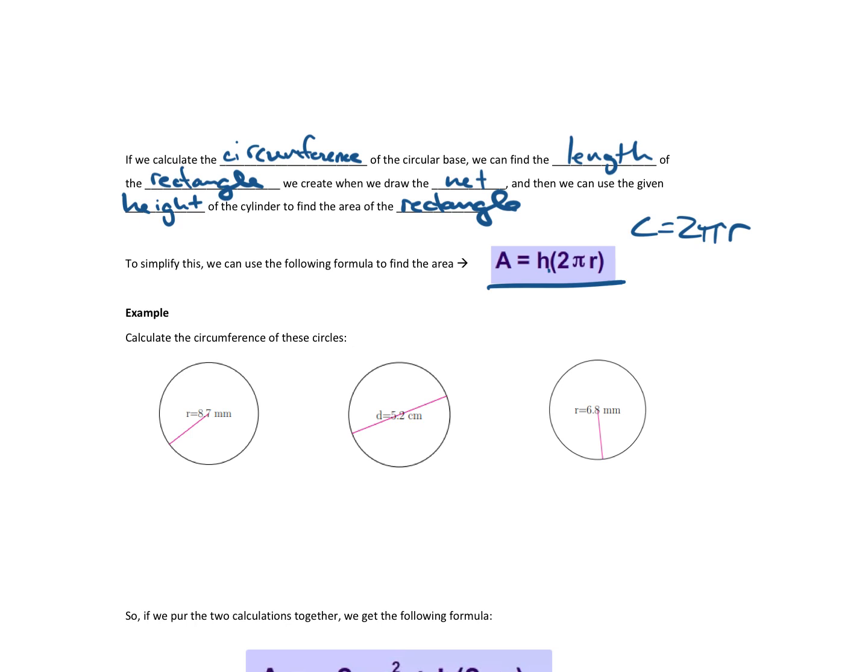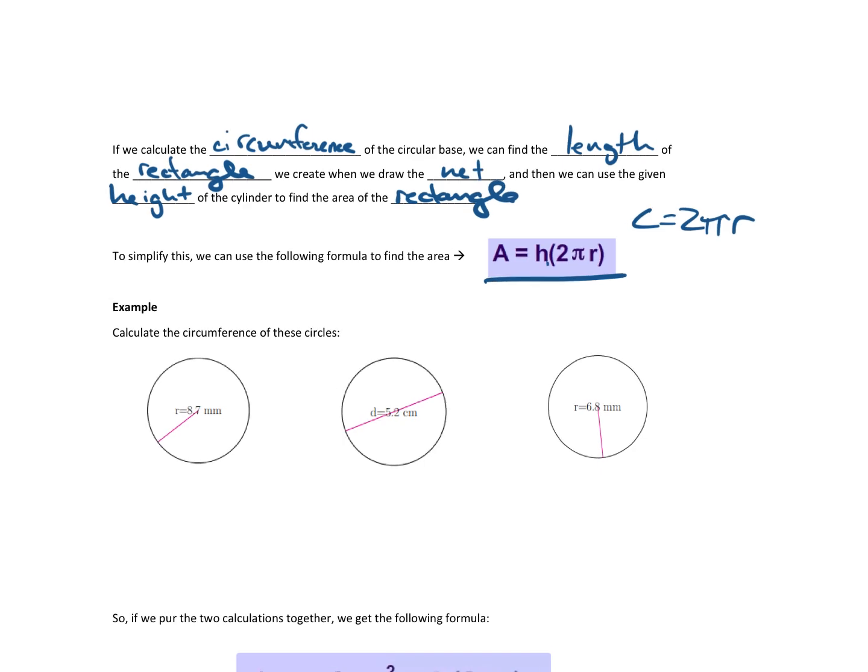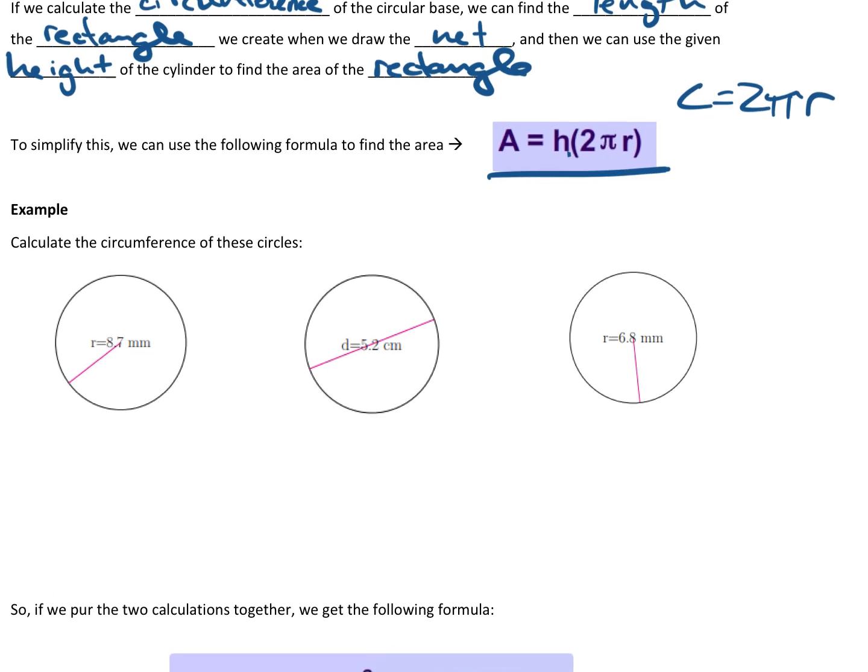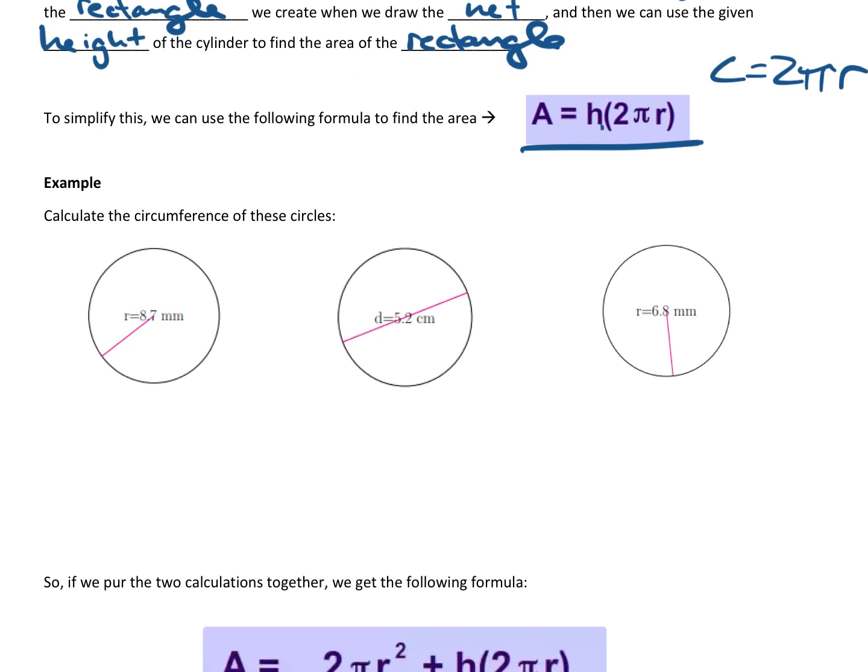You can always draw the net, but at a certain point you're going to want to just calculate it. Really quickly, we're going to use the same circles, but this time find their circumference. Circumference equals 2 pi r, so we have 2 times pi times 8.7, and I've got to get my calculator here.